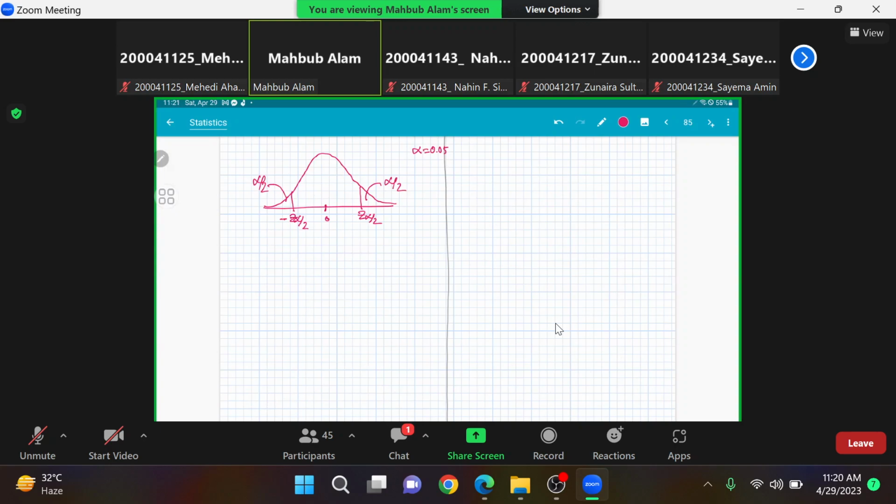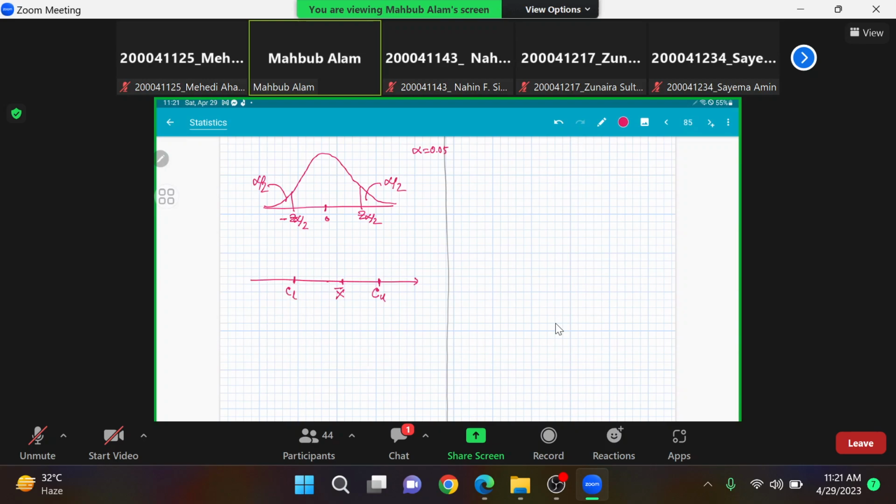To test this, if we have the X bar here, in the case of critical points, we define an upper critical point and a lower critical point. If X bar is within the critical points, we do not reject.